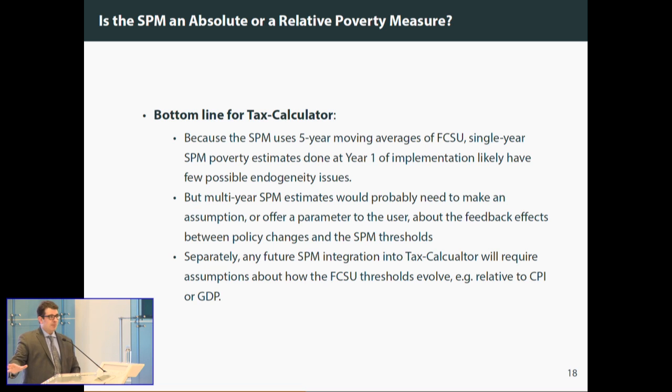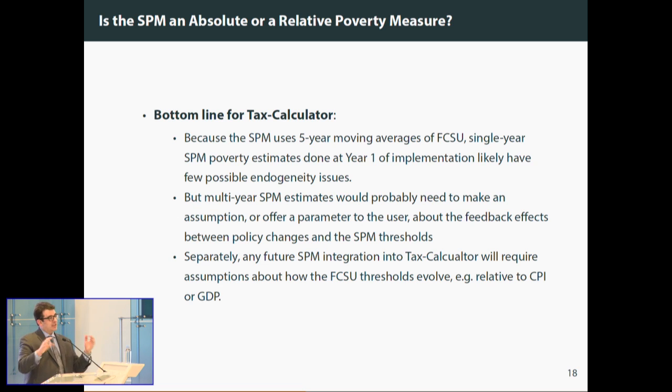Remember that SPM is a 5-year moving average, so a 1-year effect at the year of inception is not going to endogenously affect the SPM thresholds very much. So for the techniques that I'm going to show you later on, which are one-off, reintegrating with the CPS ASEC, I don't think you need to worry about endogeneity as an issue there.